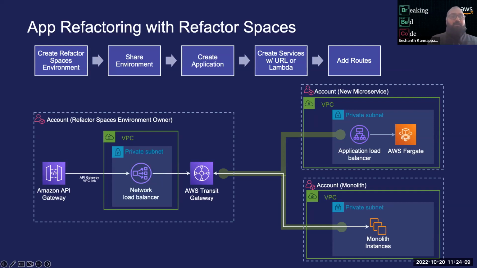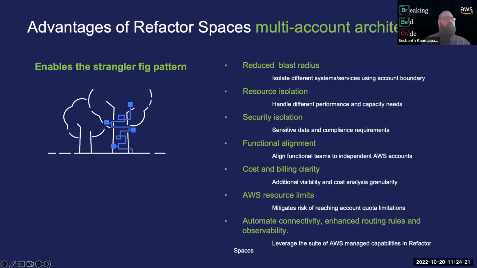And I want to go a little bit into the advantages of using a multi-account architecture here too, right? Next slide, Sam. So we recommend using a multi-account architecture as a best practice here, right? Whether that's reducing blast radius, which is a big concern.